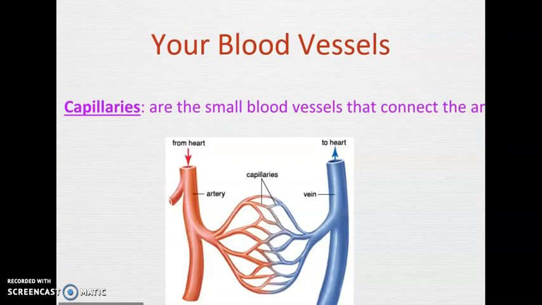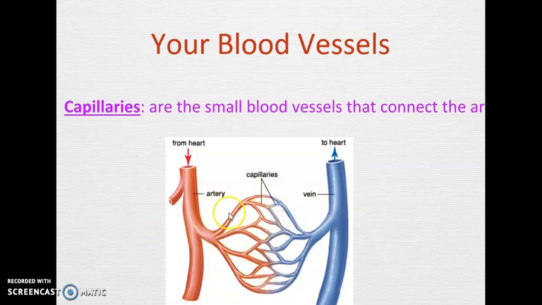The last thing that we have are called capillaries, and these capillaries are small blood vessels that connect the arteries to the veins, and it's this part right here, okay? These things are super, super tiny, and you have to think of these as like a U-turn section.